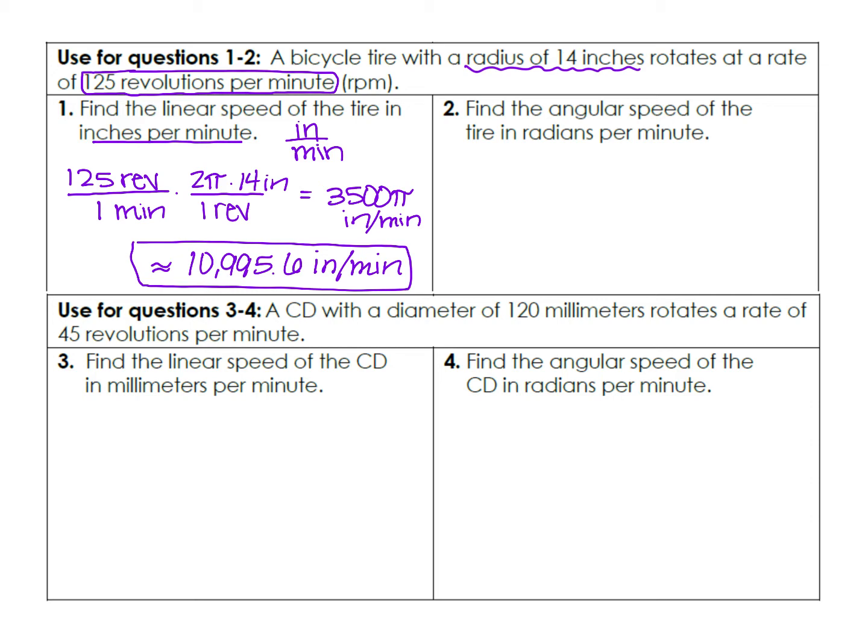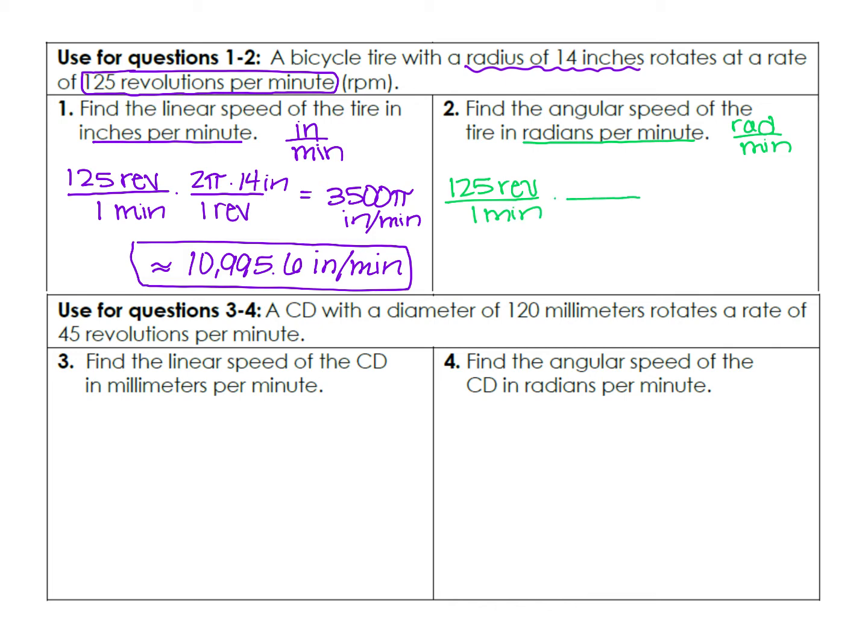The only difference in number 2 is we want to be in radians per minute. So we're using our other conversion factor. So we want to end up in radians per minute. I still start with 125 revolutions per 1 minute.